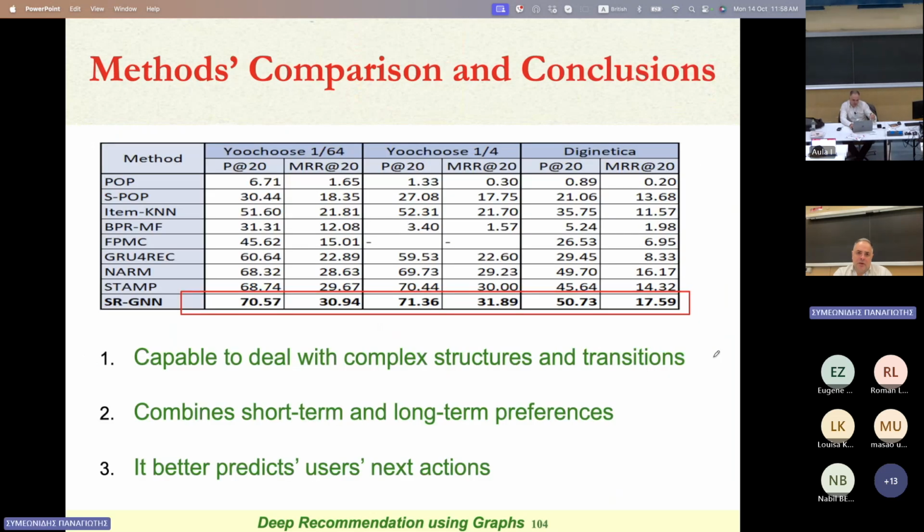Again, we can see some reported results here, in terms of precision at 20, the number of recommended items, and the mean reciprocal rank.